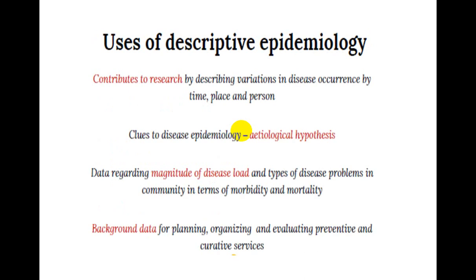Uses of descriptive epidemiology. Descriptive studies, number one, provide data regarding the magnitude of the disease and types of disease problems in the community in terms of morbidity and mortality rates and ratios. Number two, provide clues to disease etiology and help in the formulation of an etiological hypothesis.